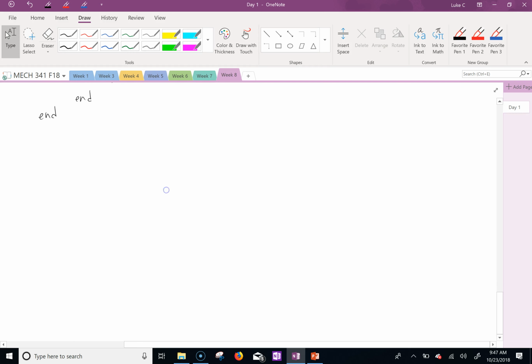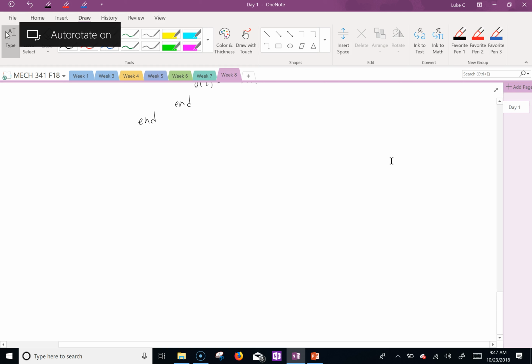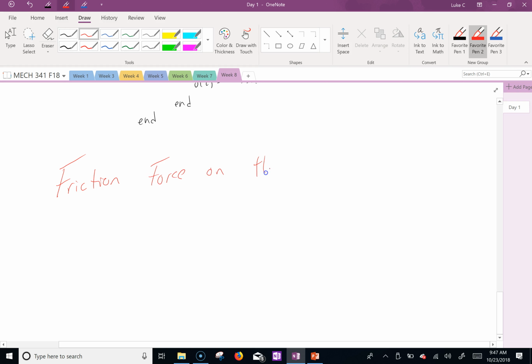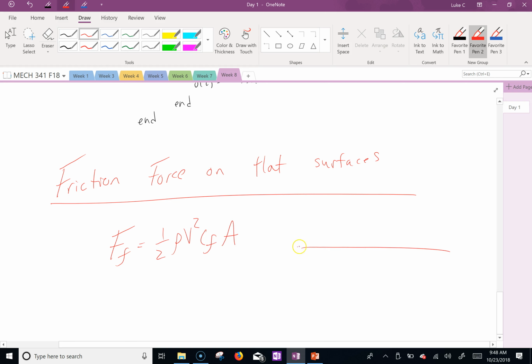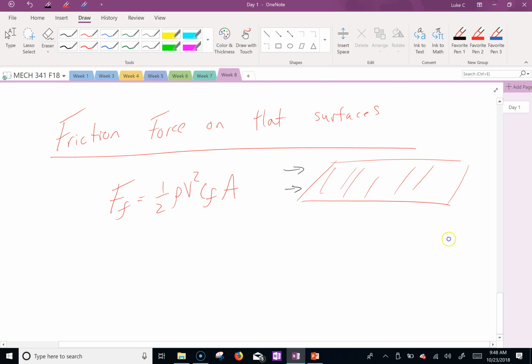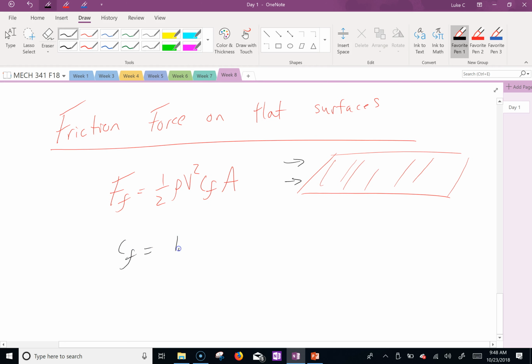Might as well write it: 1/2 rho v squared C_F times A. So write this down. I'll briefly talk about this.